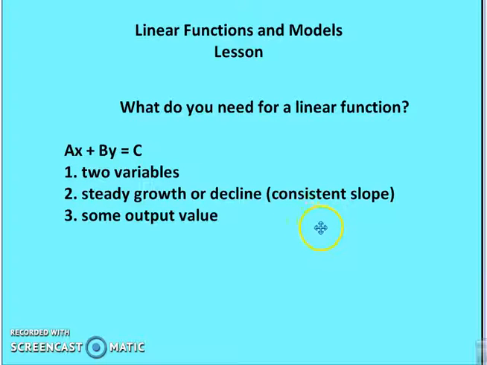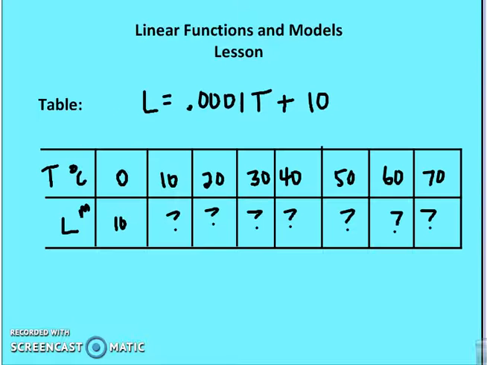So it's going to be a line with a constant slope, and then we need some output value, and then 2 variables, x and y. So when you're writing a linear equation, you need a point and a slope, but for a linear equation we need to have some steady growth or the same constant slope between any 2 points in the function.